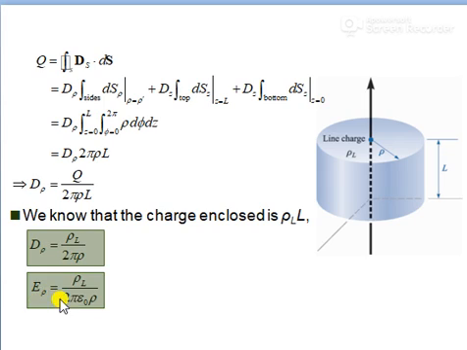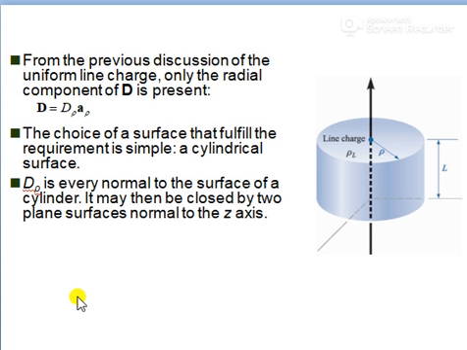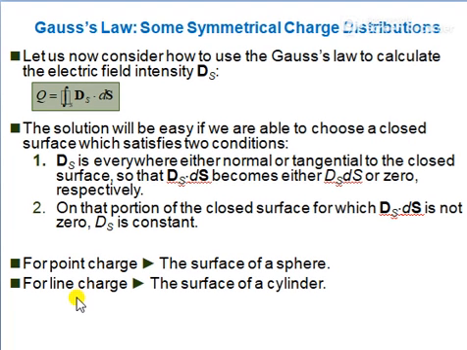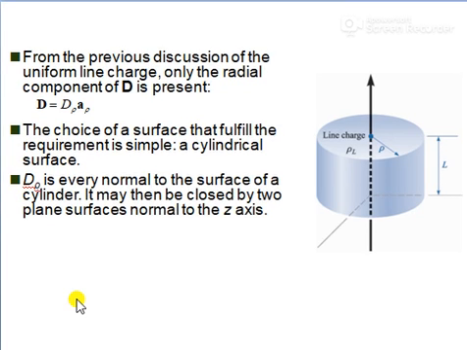To find E rho, divide by epsilon naught, giving rho L by 2 pi epsilon naught rho. So this is the flux density for an infinite line charge over the z axis, and this is the electric field intensity for the infinite line charge over the z axis. This is one of the applications of Gauss law, for an infinite line charge.